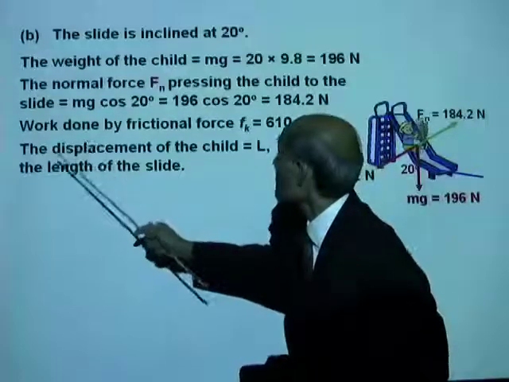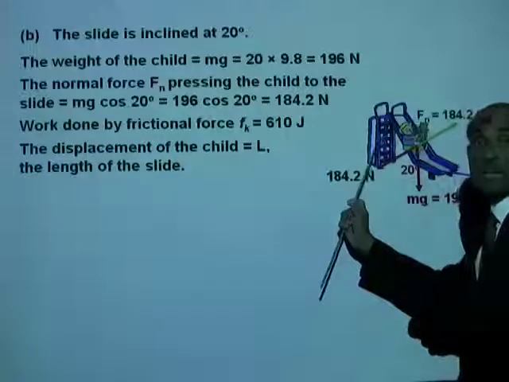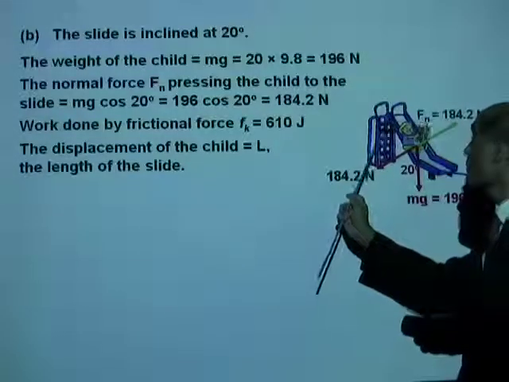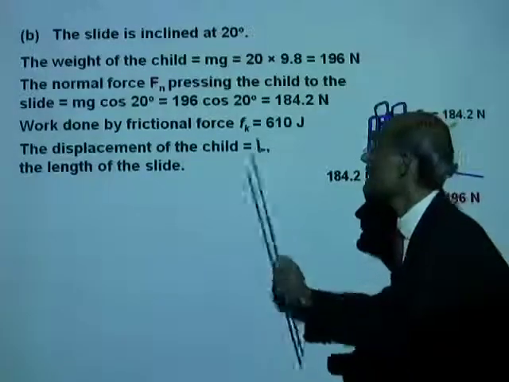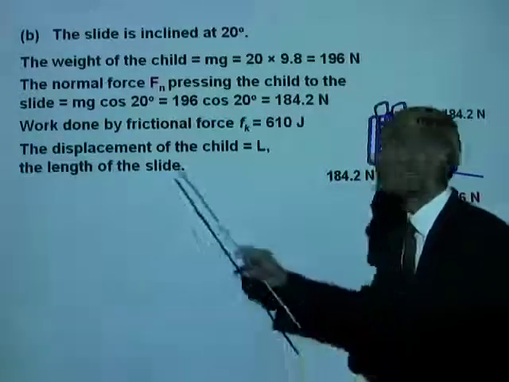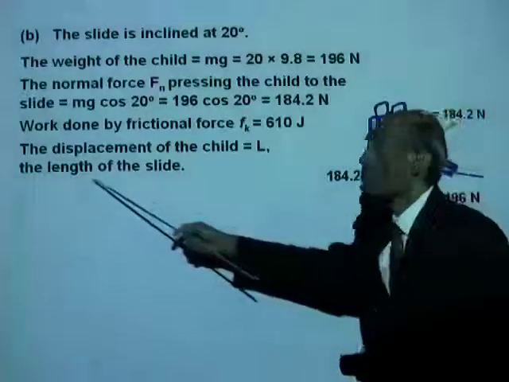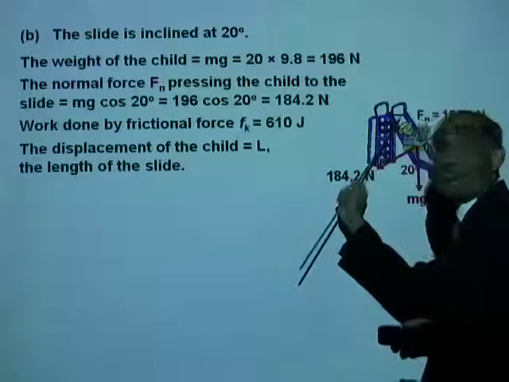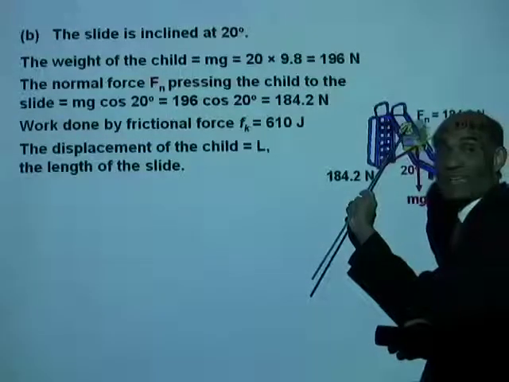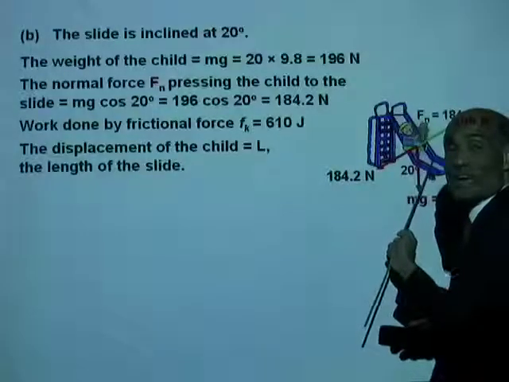And the displacement of the child: the distance the child moved is the length of the slide. If L is the length of the slide, the displacement of the child is L. Now, the frictional force is acting on the slide, and the displacement L is in the same direction.